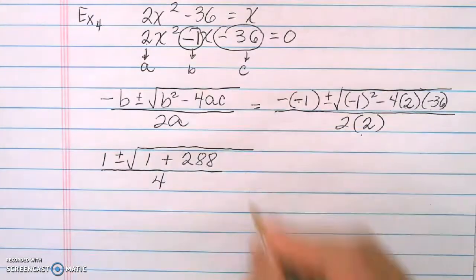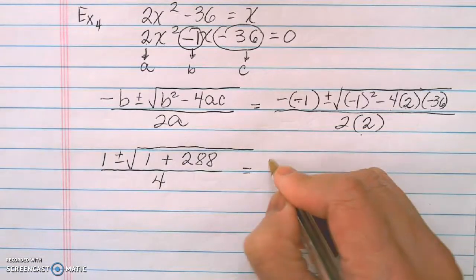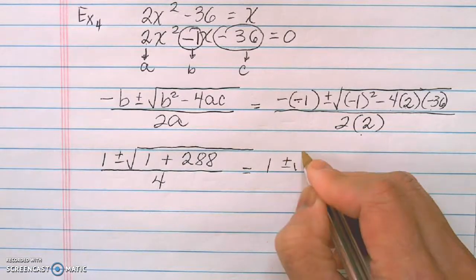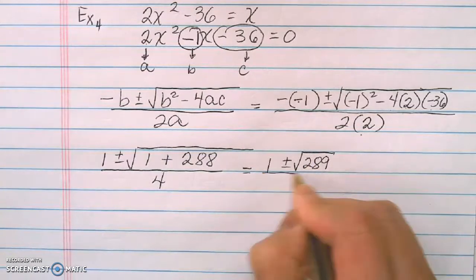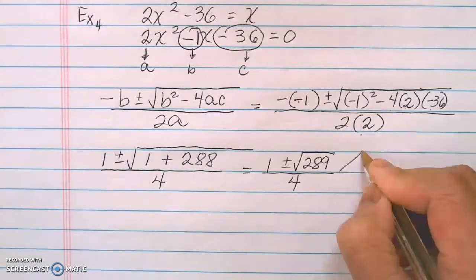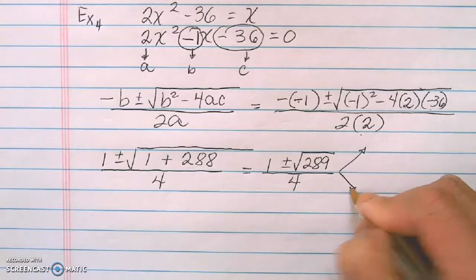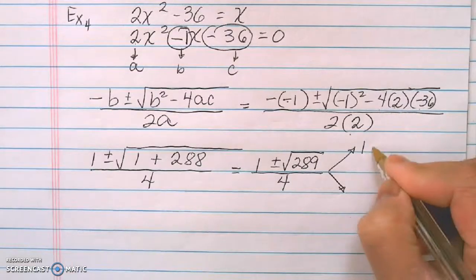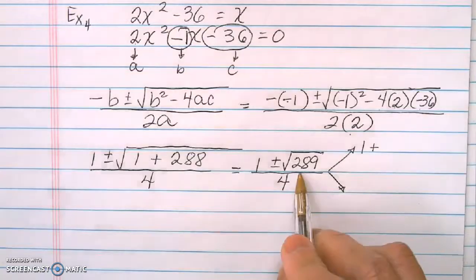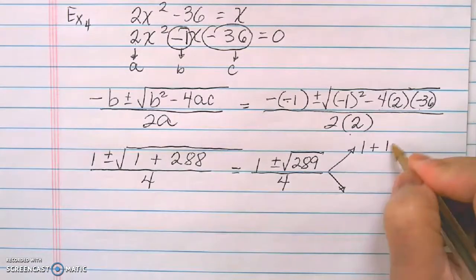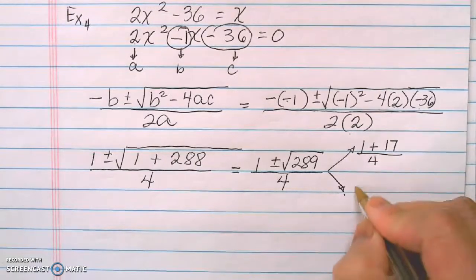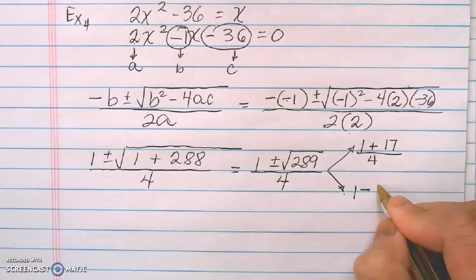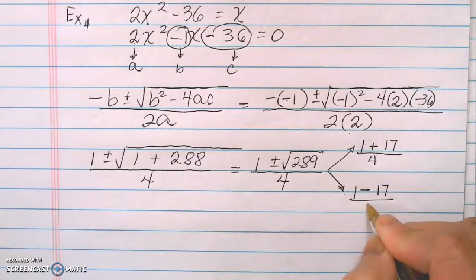And this now is going to look like 1 plus or minus square root of 289 all over 4, which will give us two answers, which are 1 plus the square root of 289 is 17 all over 4, and the other one is 1 minus 17 all over 4.